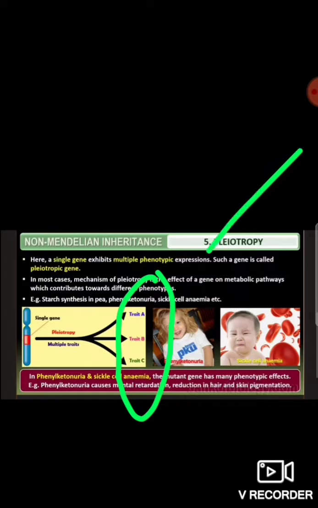When one gene itself shows different traits, we call it pleiotropy. Here a single gene exhibits multiple phenotypic expressions. Such a gene is called a pleiotropic gene. In most cases the mechanism of pleiotropy is the effect of the gene on metabolic pathways, which contributes towards the different phenotypes. Examples: starch synthesis in pea, phenylketonuria, sickle cell anemia, etc.